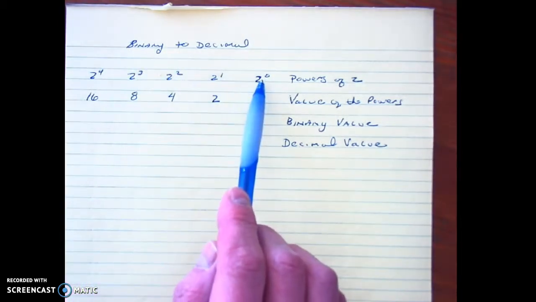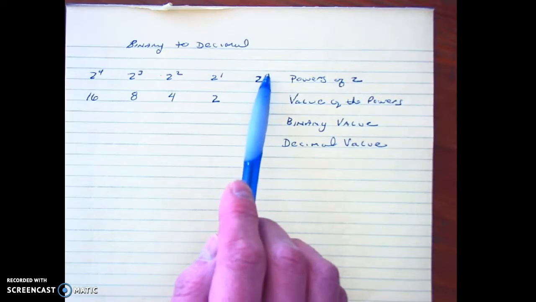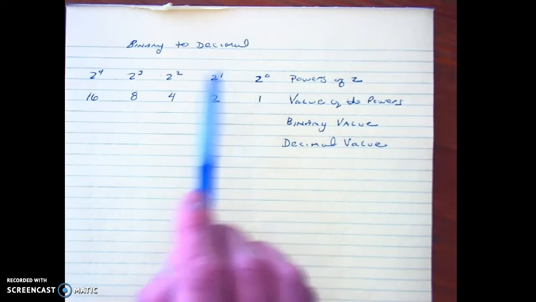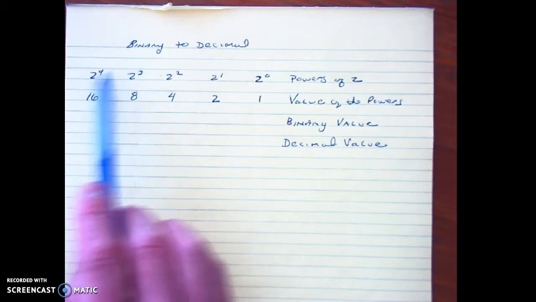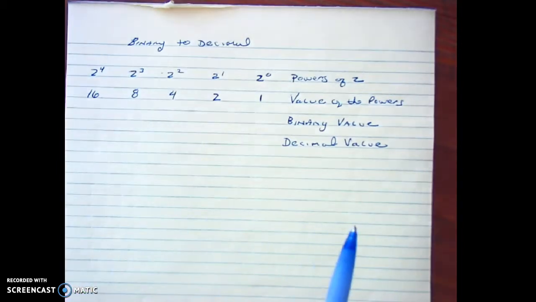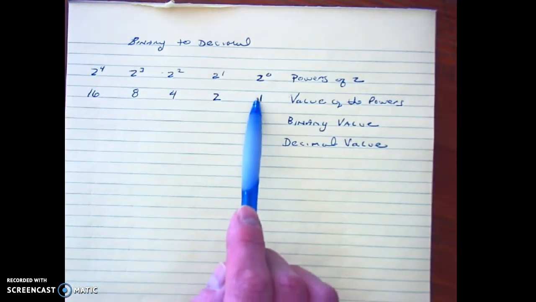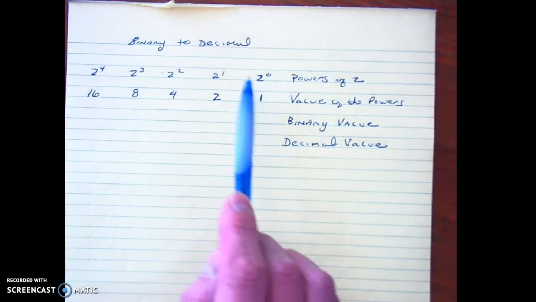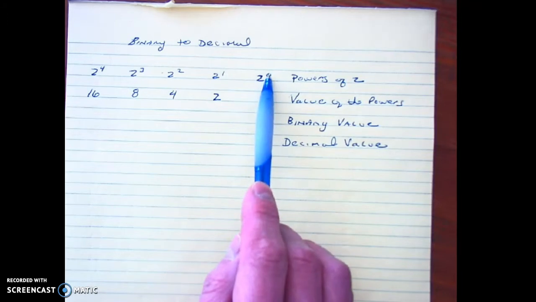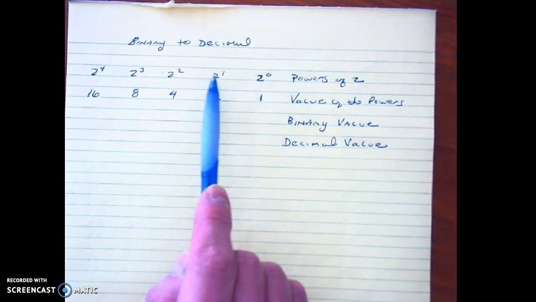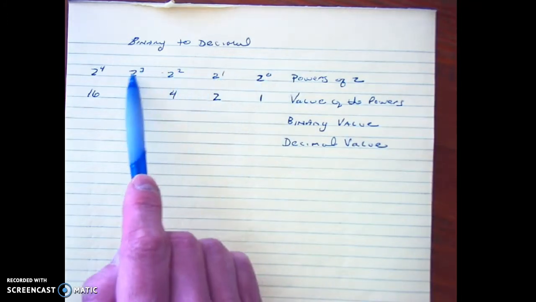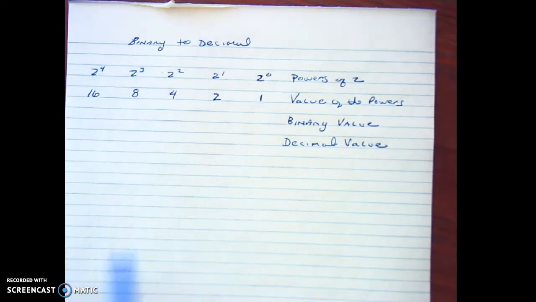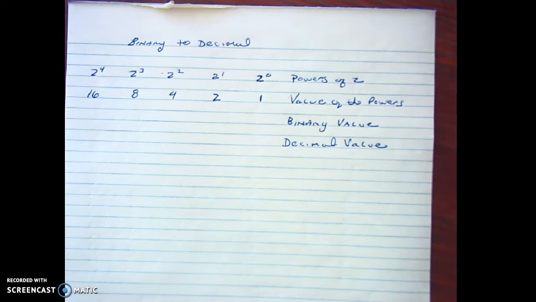So we look at 2 to the 0, 2 to the first, second, third, fourth, and we keep going all the way up. 2 to the 0 is always 1. Anything raised to a 0 is always 1. Remember that. 2 to the first is 2, 2 to the second is 4, 2 to the third is 8, 2 to the fourth is 16.